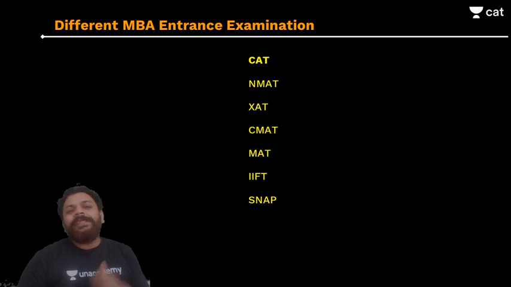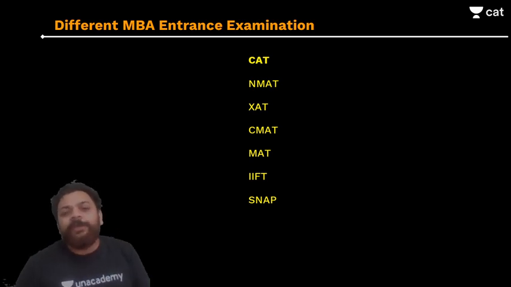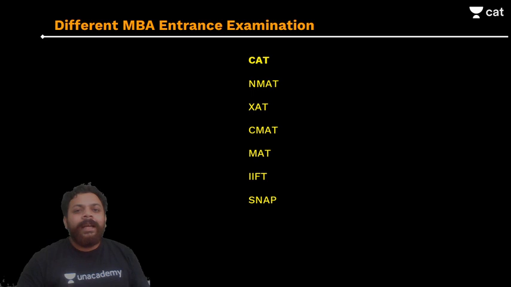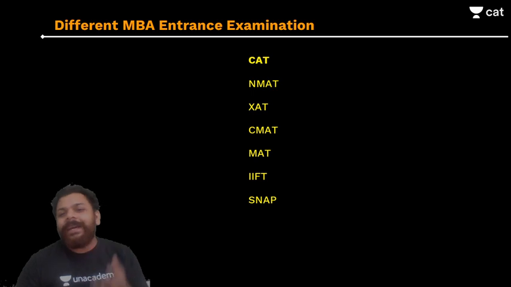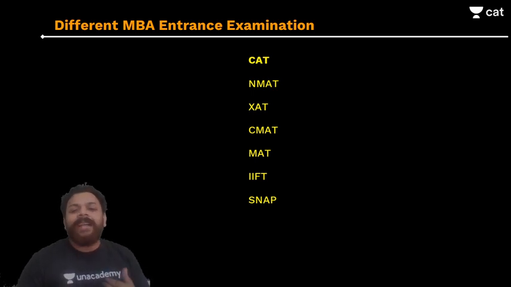One thing that is common in all the examinations is quant. And I guarantee you, if you can crack CAT or if you can solve questions of CAT, definitely you can solve all the questions from NMAT, XAT, CMAT, MAT, IIFT, and SNAP. So I guess this is the overall view of MBA examinations.